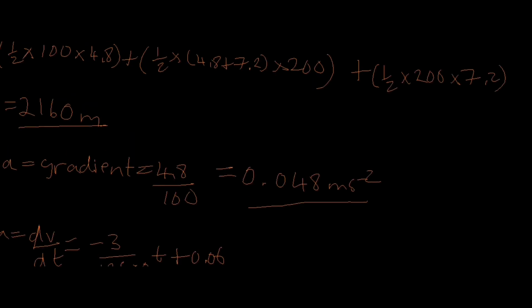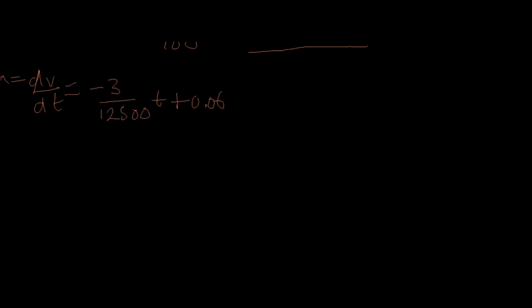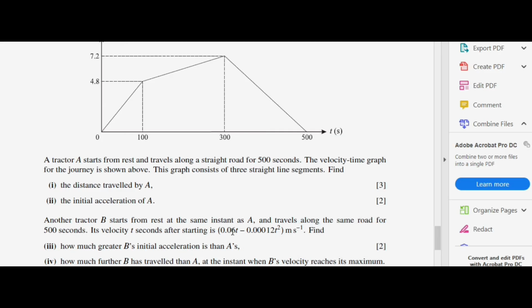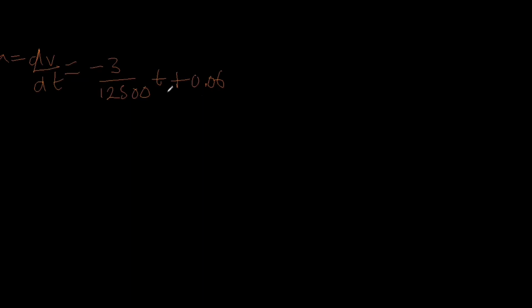I'm not going to go into details on how to differentiate. You already know how to differentiate. If you've forgotten, I have a playlist in the Pure Math section on calculus, so go and watch those. We're simply differentiating this function here. That gives us the 0.06, and then double this by the 2, decrease the power by 1, and you're going to get this. So this is the function that is going to give us the acceleration of the tractor.